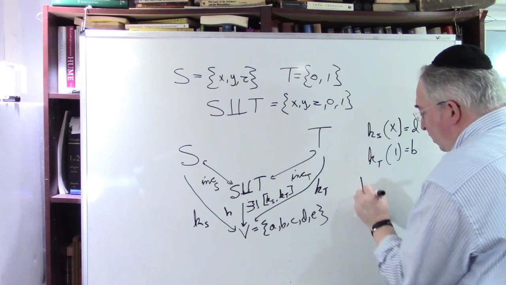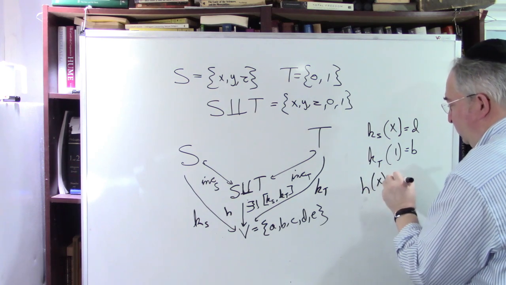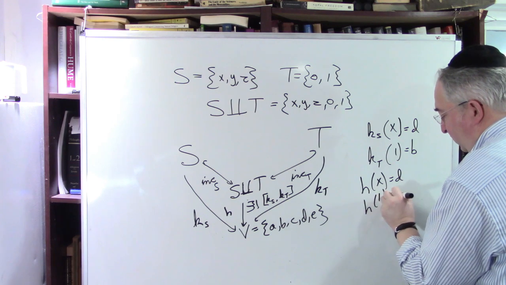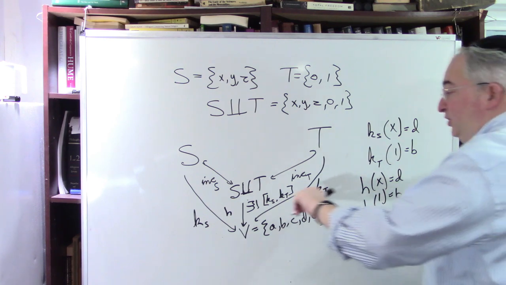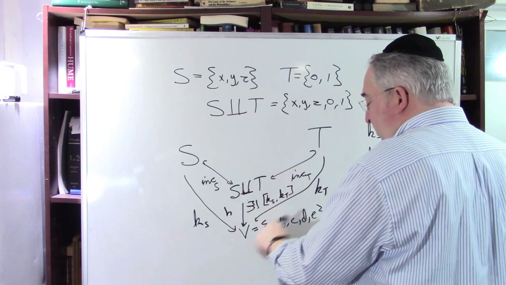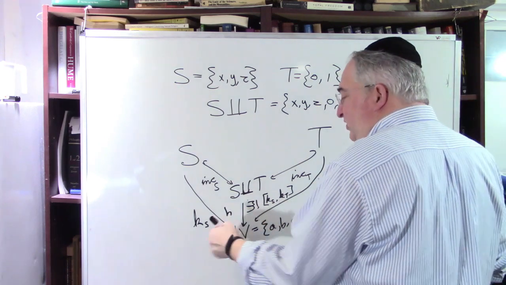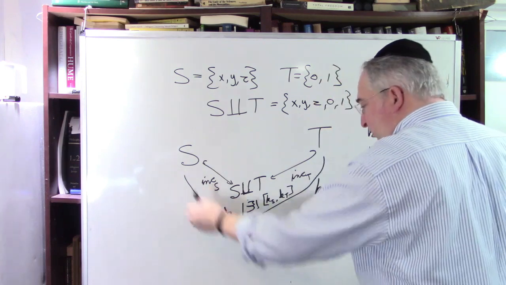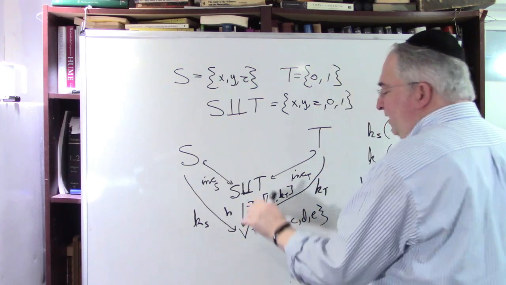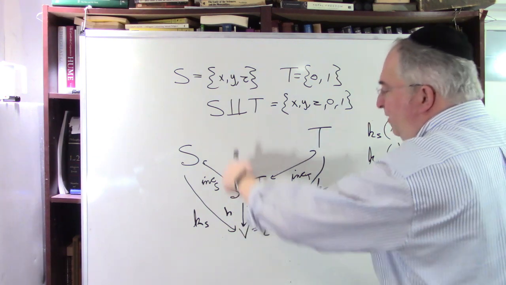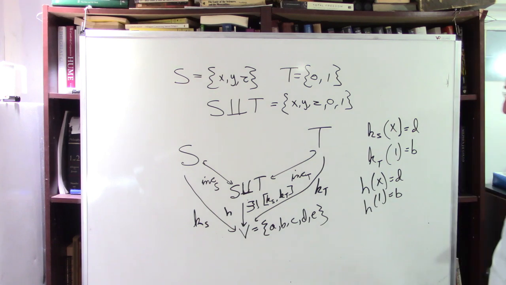So H of X is equal to D. H of 1 is equal to B. It's going to do the same thing that K of S does and K of T does. So in some sense, H takes the information from this K and this K, and it does the same thing. So that's a very nice thing. And there's only one map that does that, that keeps all the information.